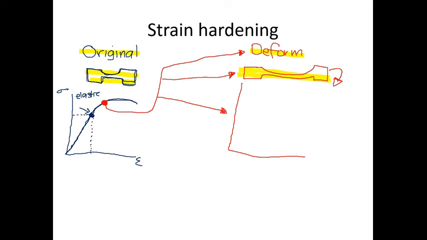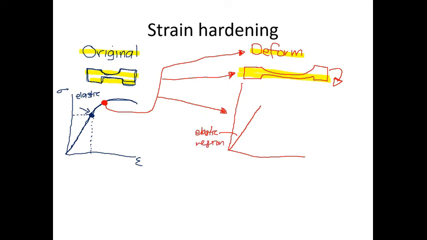What you can see is that you still have a linear curve, similar to the original curve, which is the elastic region.